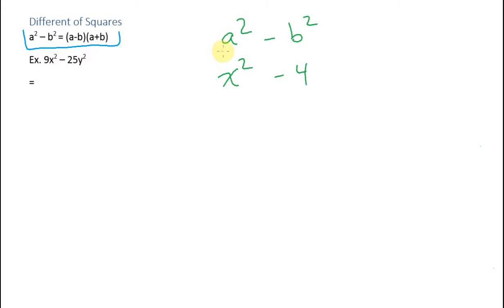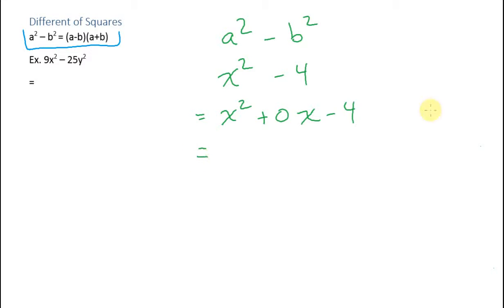So we need a perfect square minus a perfect square. If you forget the pattern, this is like a regular trinomial, but the x term is missing. How many x's are there? There are 0 x's.